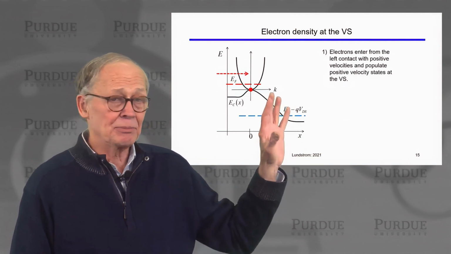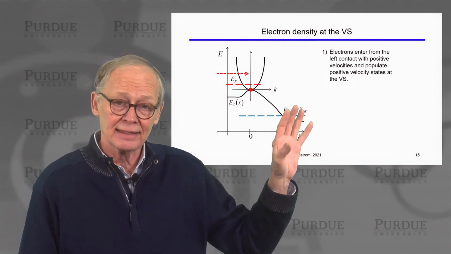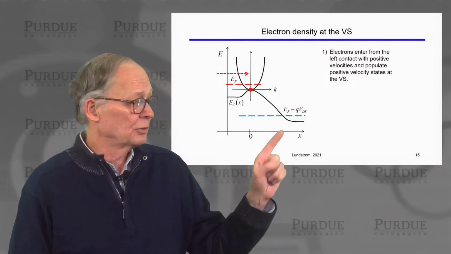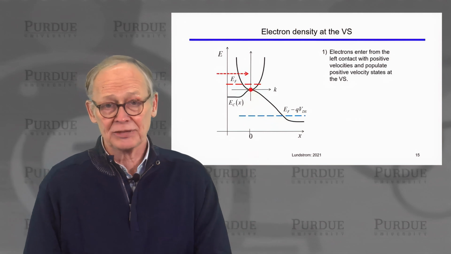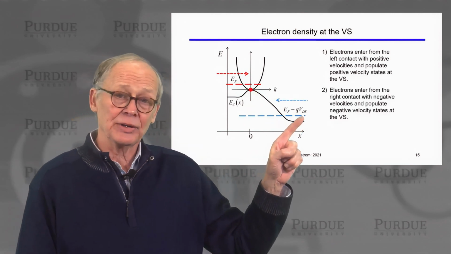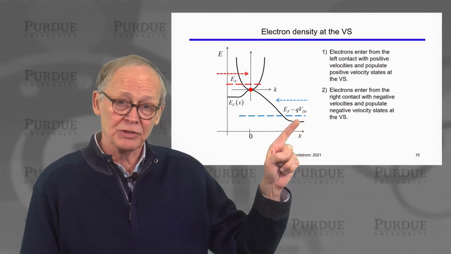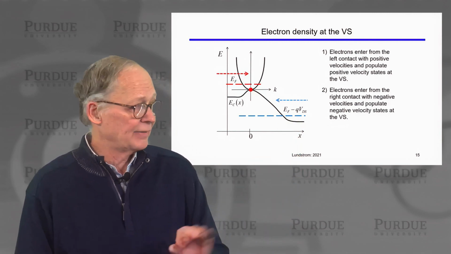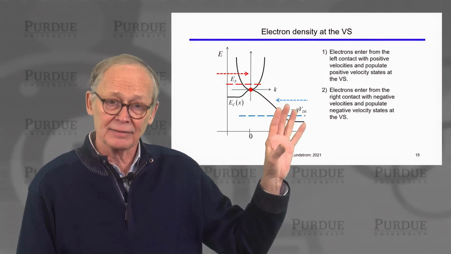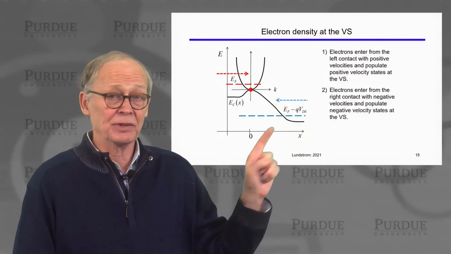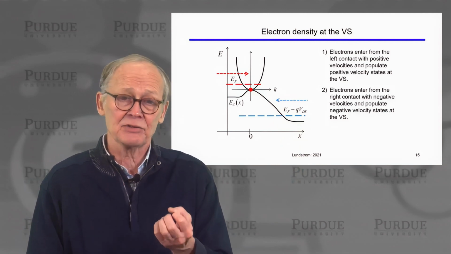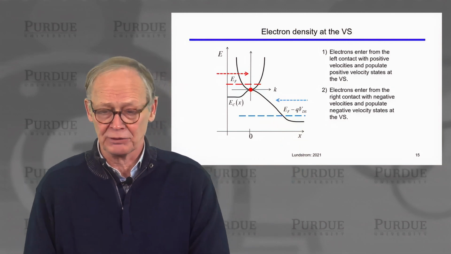They can occupy positive velocity states. The probability that they occupy those states is determined by the Fermi level of the source, because that's where they came from. Now, electrons can also enter the channel from the drain. They have a lower probability of occupying the negative velocity states because the Fermi level is much lower, because the positive drain voltage lowers the Fermi level in the drain.